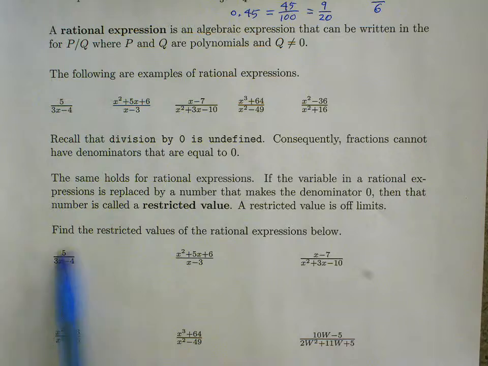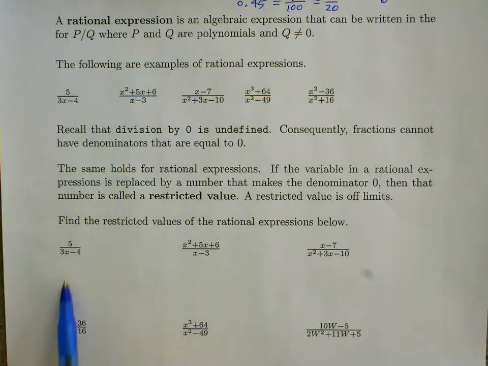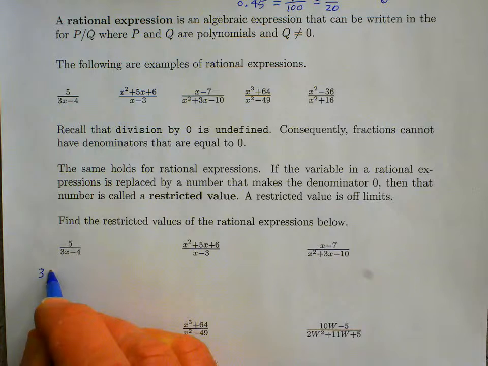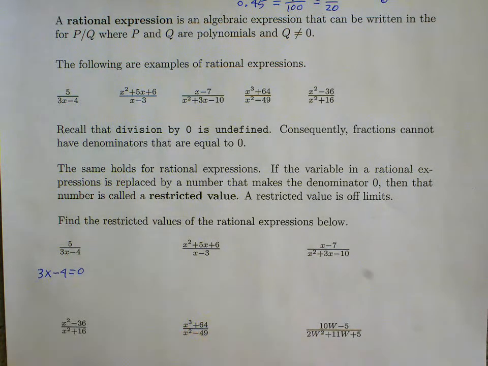Find the restricted values of the rational expressions. When finding restricted values, we only need to focus on the denominator. This denominator is 3x minus 4. To find the restricted value, we just set the denominator equal to 0 and solve for the variable.